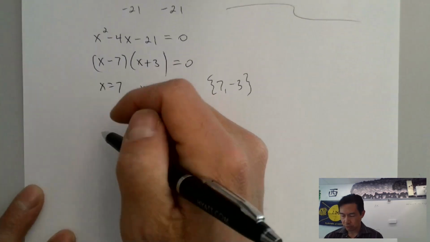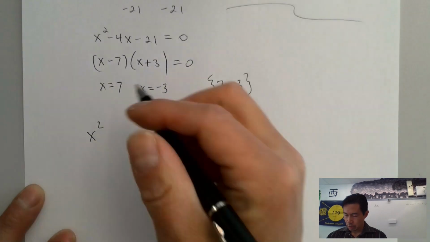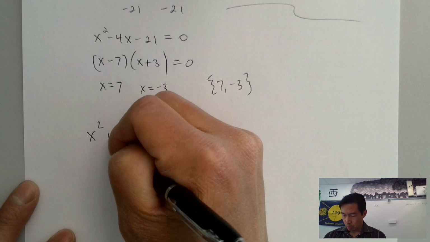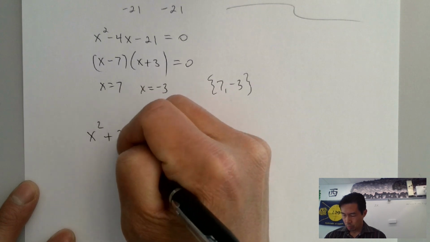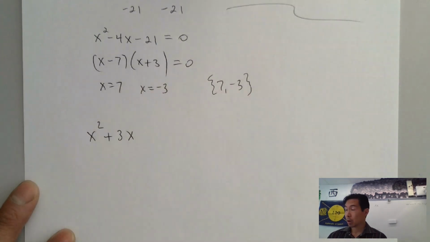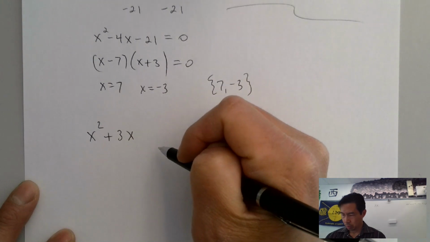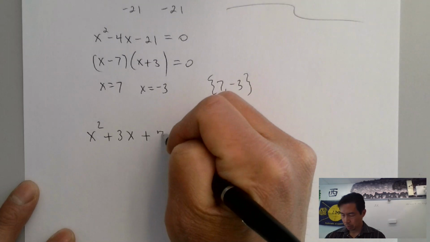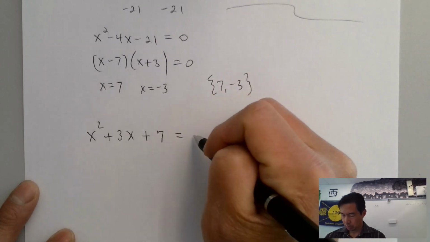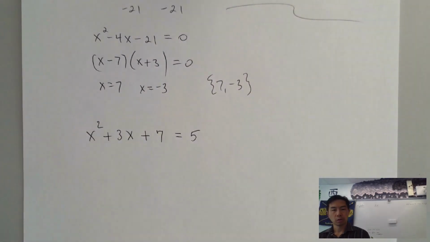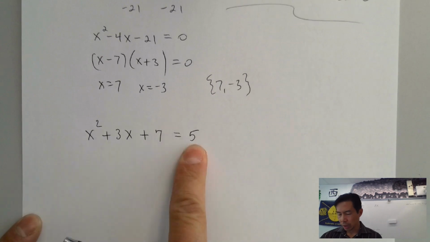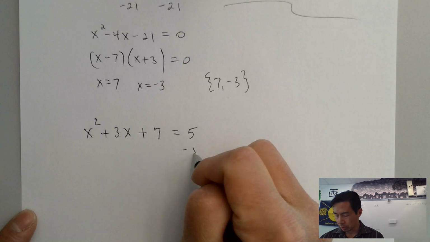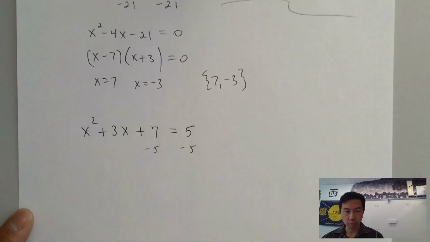Okay, here's another example of that. Okay, right side is not 0, so to make it 0, I subtract 5 from both sides.